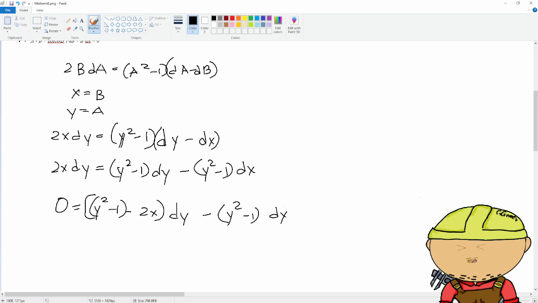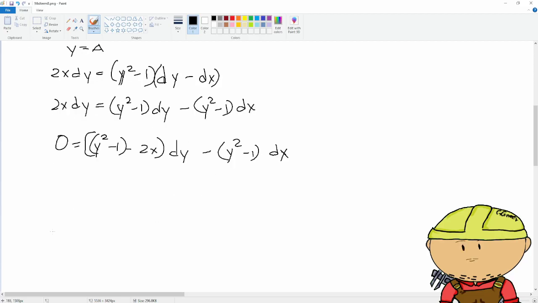That's not homogeneous. Why? Because there's a y squared. It can be linear. Your x is first degree. Is it exact? This is your M dx. So d over dy is negative (y squared minus 1).